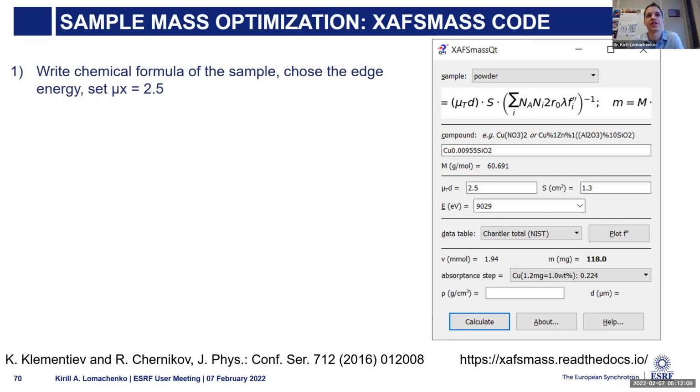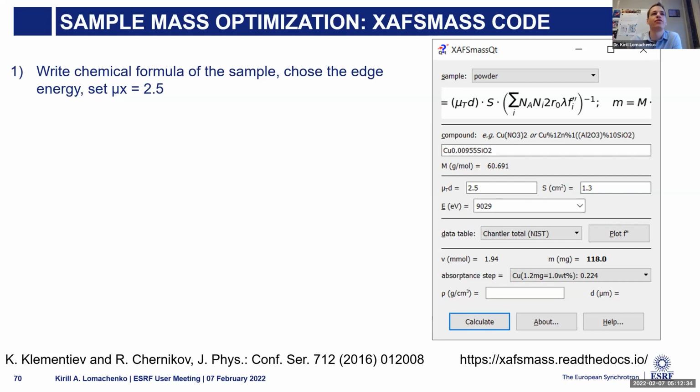This is very important, and this can be done with a very nice software called XAS Mass from Konstantin Klementiev and Roman Chernikov, who are now at MAX IV and at CLS. This software asks you for a chemical formula of your sample, just a molar formula.